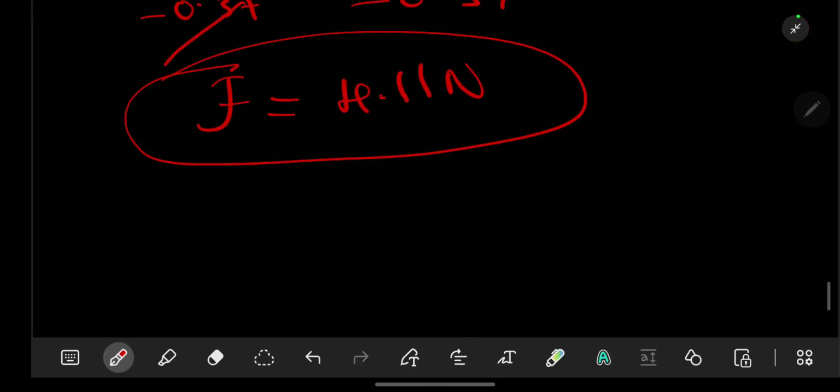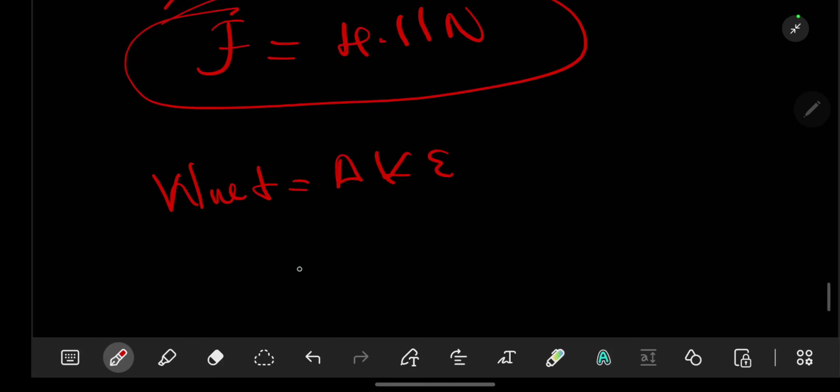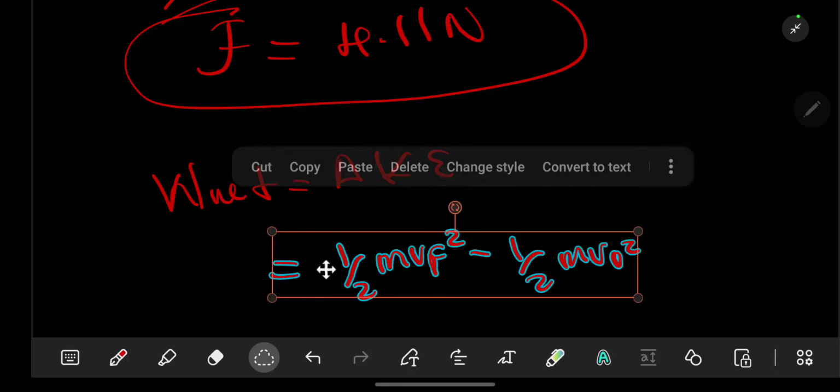So the speed, so let's use the net work. According to the Work-Energy Theorem, the net work is equal to the change in the kinetic energy, which will give us our half mv final squared minus half mv initial squared. So what do we have here?